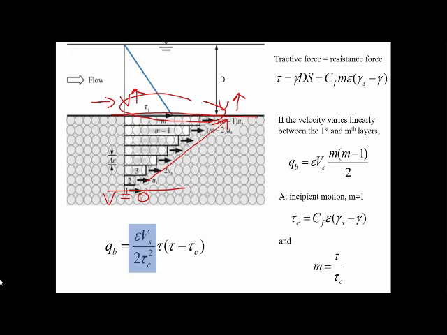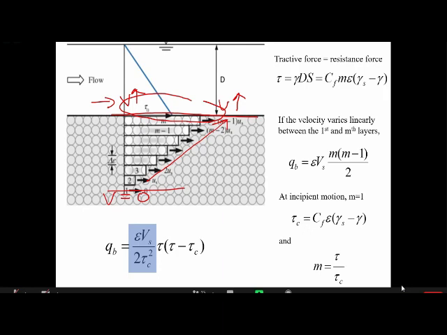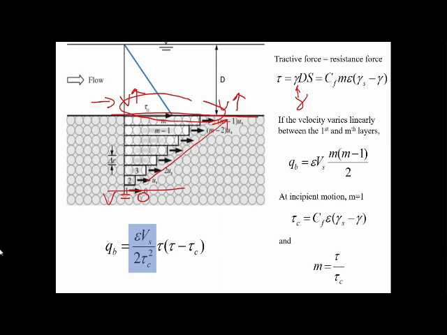Lupa dah saya. Omega, bukan omega, apa kita panggil? Iskandar, apa kita panggil ni Iskandar? Gamma. Oh, gamma. Okay. So gamma multiplied by the depth of water, multiplied by this slope, the bed slope.